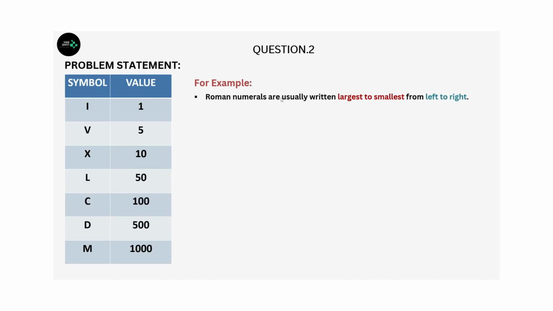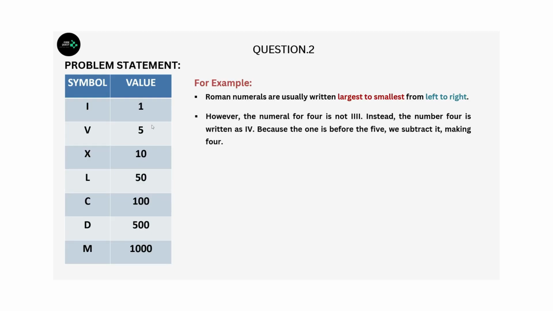So Roman numerals are usually written from largest to smallest and from left to right. And it is not always that you keep on adding the Roman letters so that you can get the integer value. Sometimes we will need to subtract. For example, if I have to represent 4, I cannot write I 4 times.